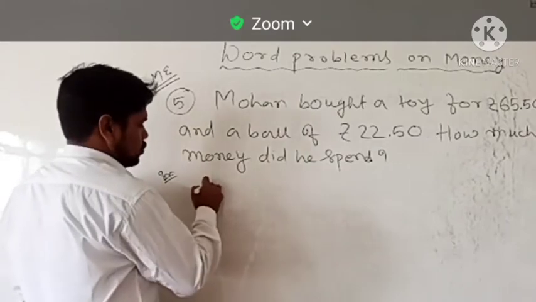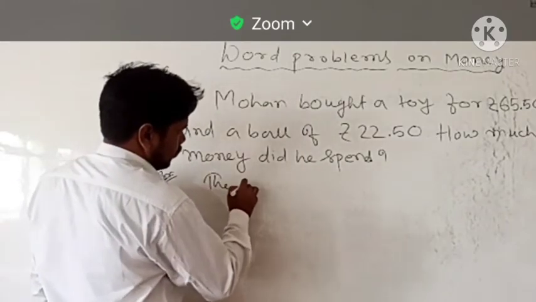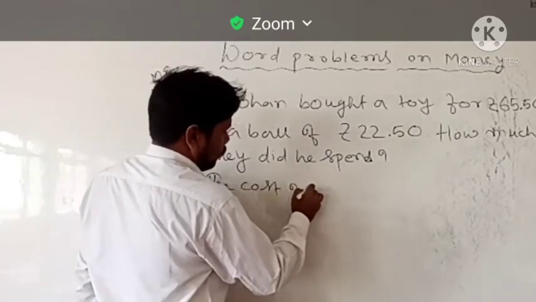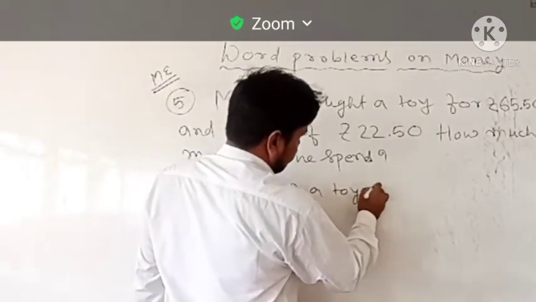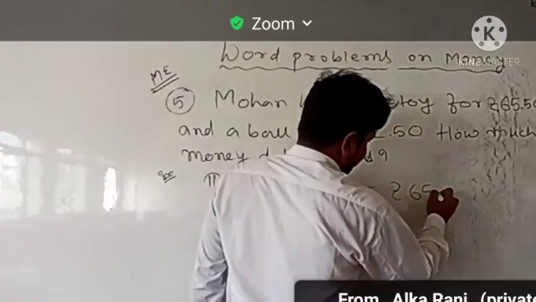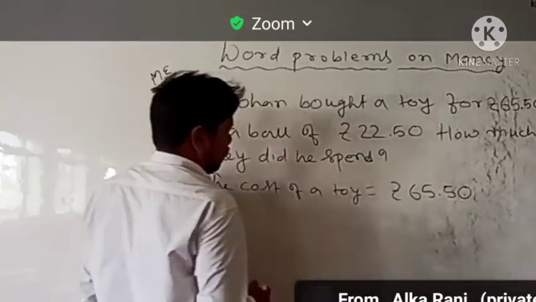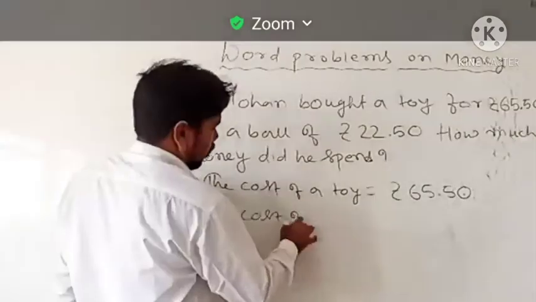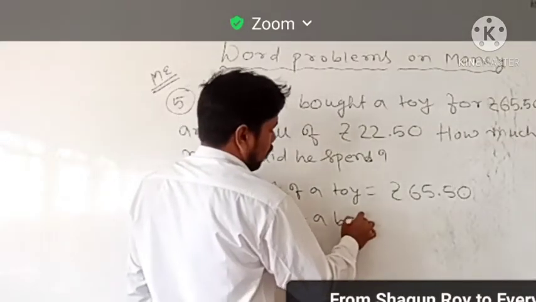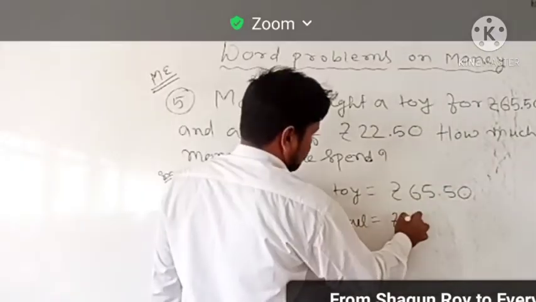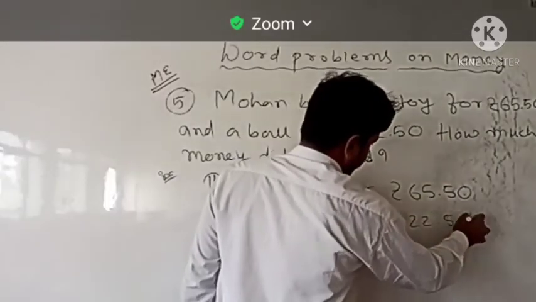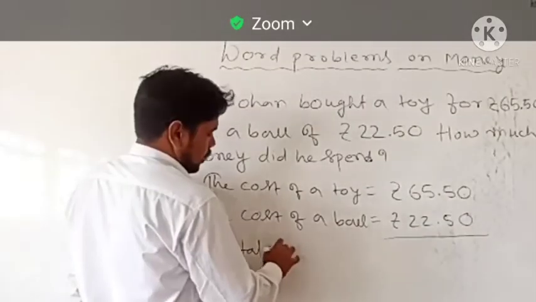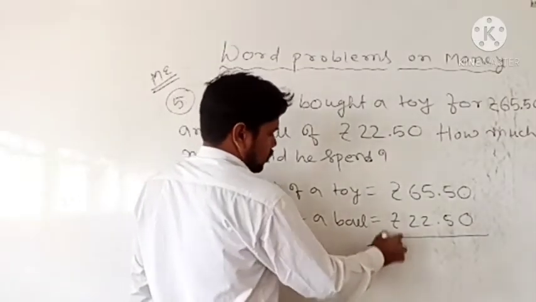So the cost of a toy is equal to rupees 65.50. Then the cost of a ball is equal to rupees 22.50. So very simply we can find the total cost by adding these two.